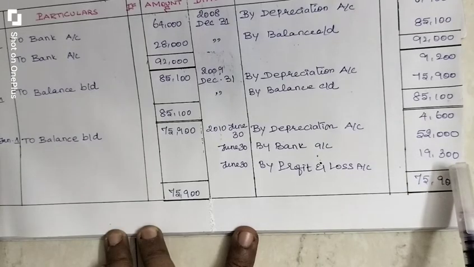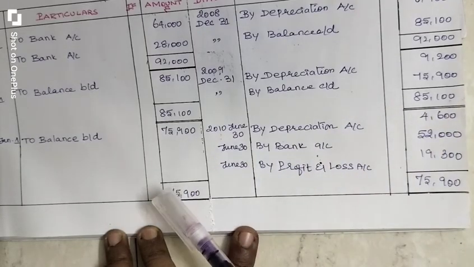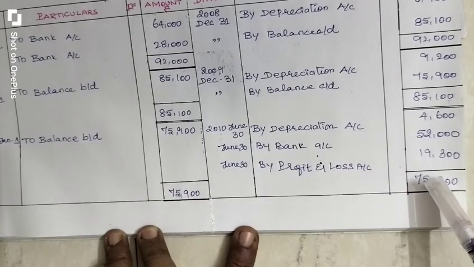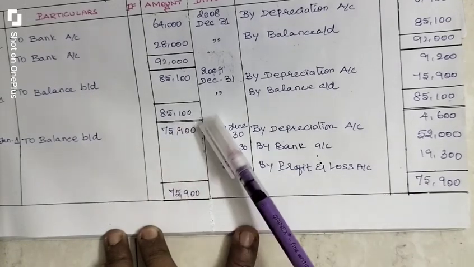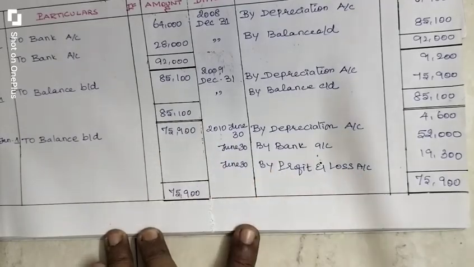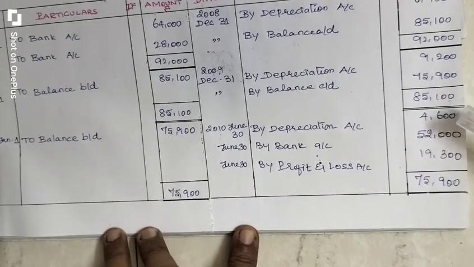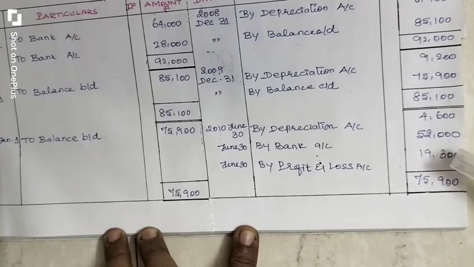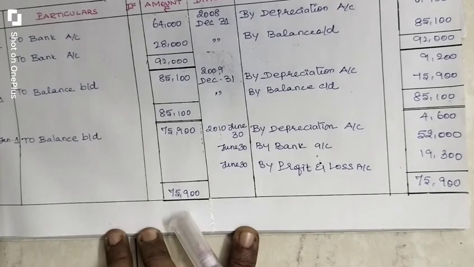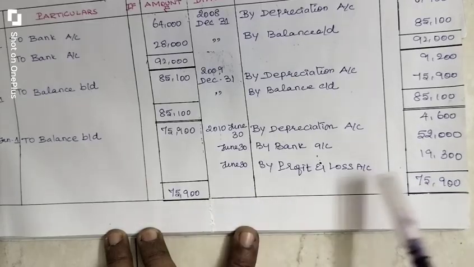Okay, so we have the same amount on both sides. 75,900 on the debit side. On the credit side we have to add 4,600 plus 52,000 plus 19,300, we will get 75,900. We have the same amount as a total on both debit and credit side.